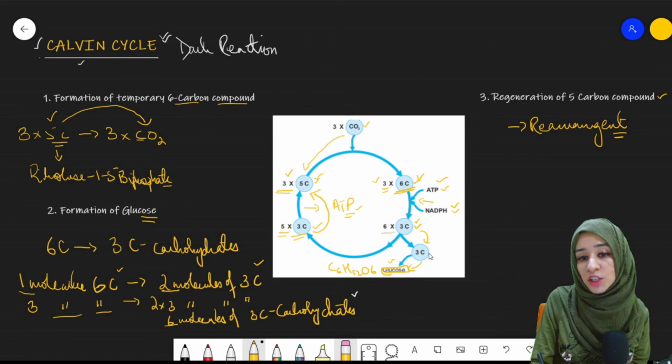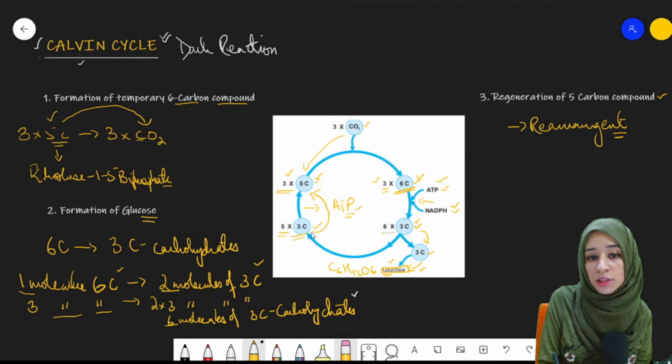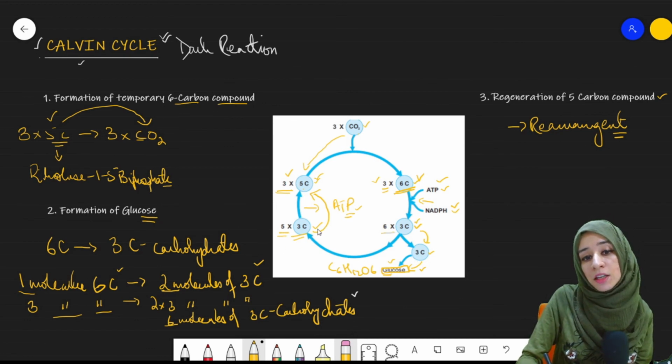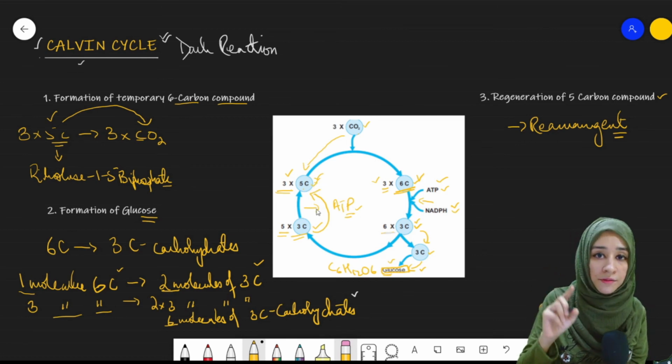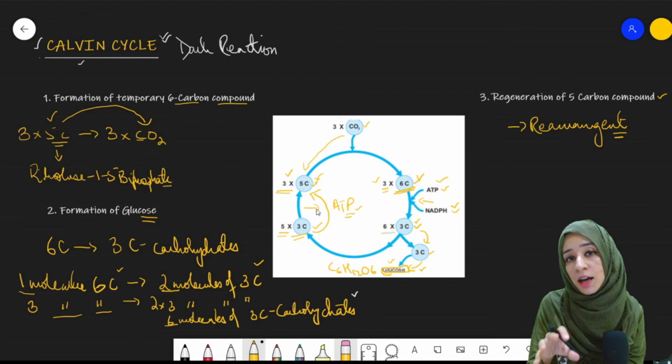One molecule changes into glucose, which is the required product in photosynthesis, and the rest of the 5 molecules of 3-carbon carbohydrate rearrange to regenerate the original 5-carbon compound, which was present in the first step. So this concludes the Kelvin cycle, in which high energy molecules are being utilized.